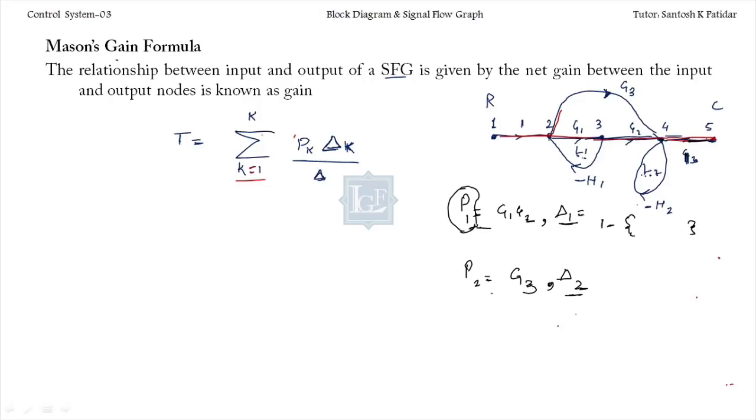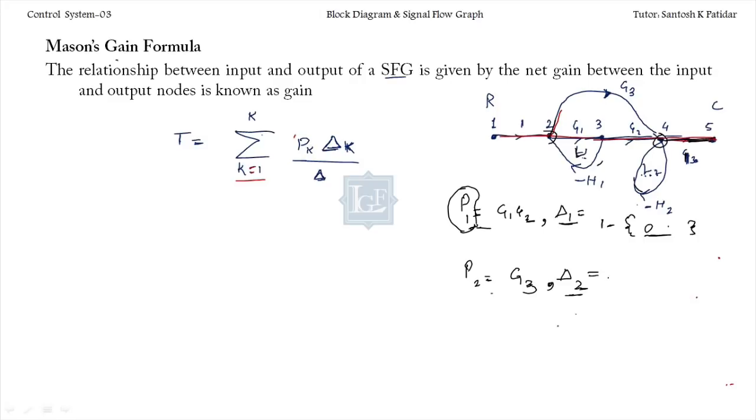If you are considering this path, you have only two loops in the system, L2 and L1, both are touching with this path. This L1 is touching at node 2 with this path. This L2 is touching at node 4 with this path. So I don't have anything over here. Is it okay? I have to consider the sum of individual loops which are non-touched with the given path. Is it okay? So over here it will be 0.